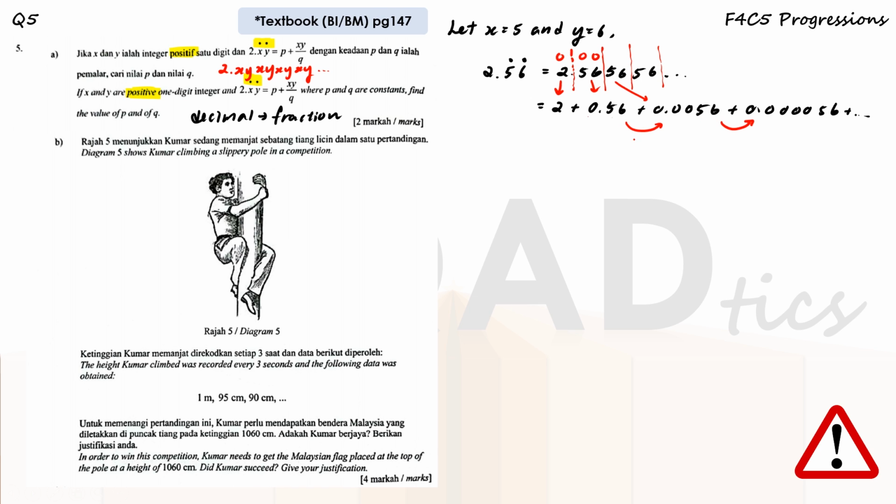What the pattern is, we need to multiply by 1 over 100 to get the next value. Same goes to here as well. So this actually means this is a geometric progression, or GP for short. For one value to the next, we need to multiply or divide by a value. Okay, and now you can see that these values are all added up together.